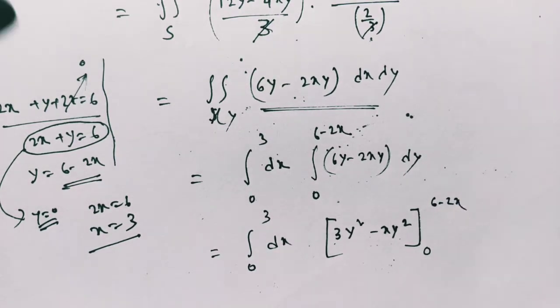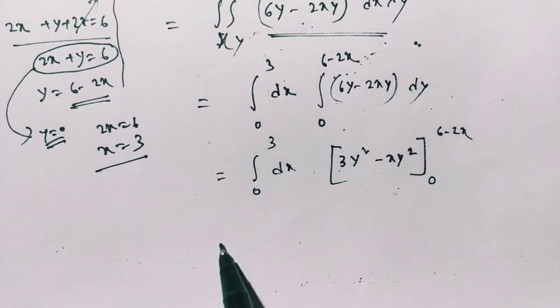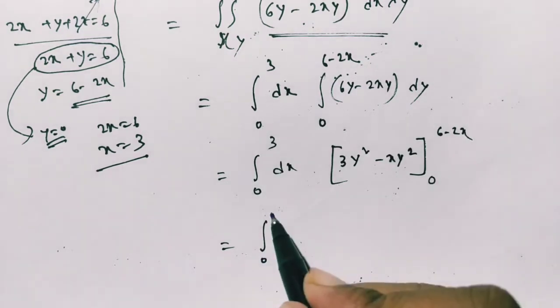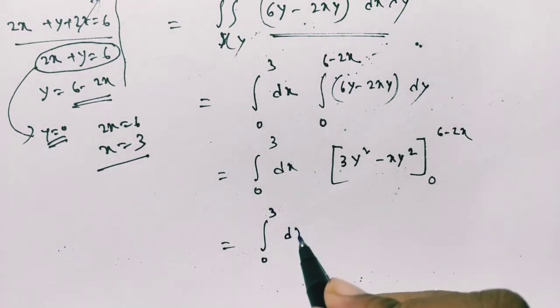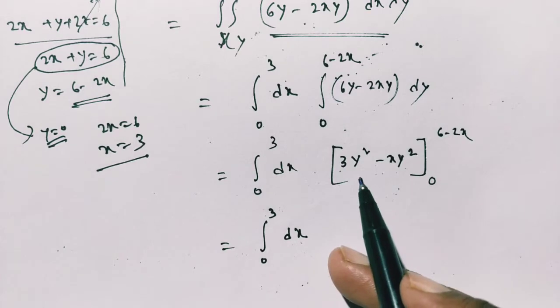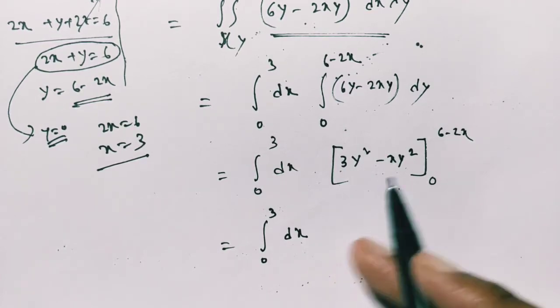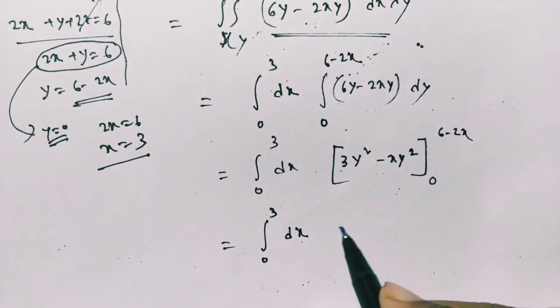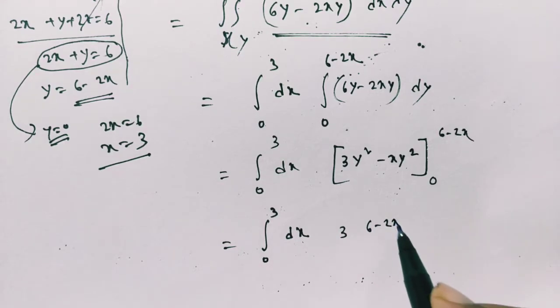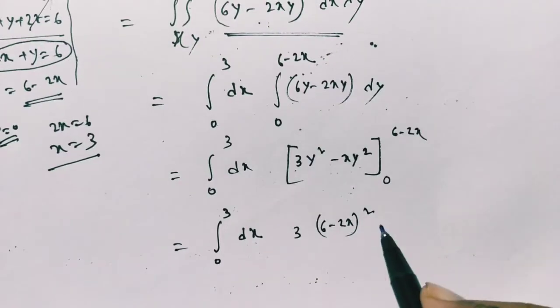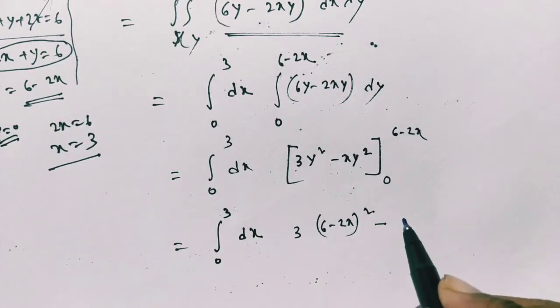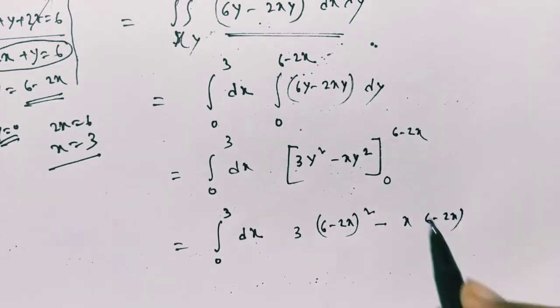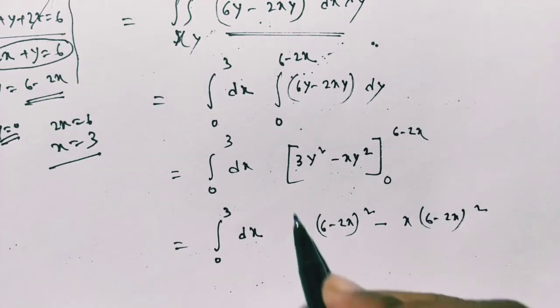Now the whole integration will be converted in terms of x, so it will be the integral from 0 to 3 dx, and then I put in the values: 3 into (6 minus 2x) whole square minus x into (6 minus 2x) whole square.